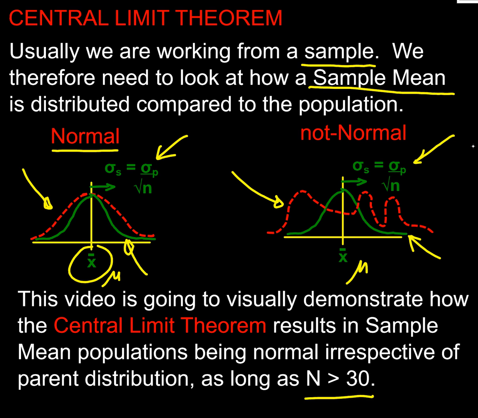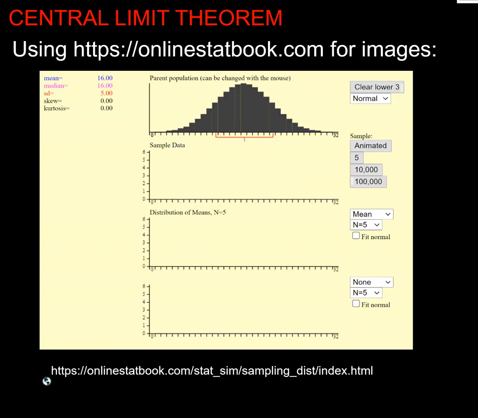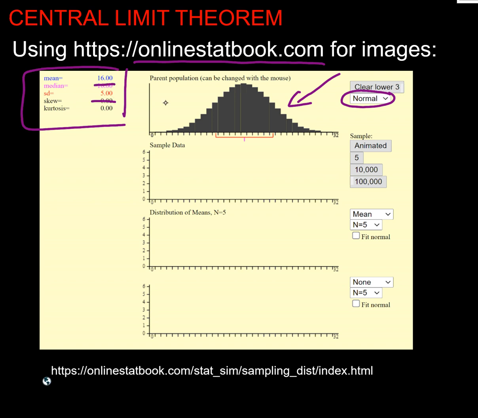So now, I'm going to do all this visually, using this website here, onlinestatsbook.com, which has simulations on it. What does that allow us to do? Well, it allows us to decide on a parent population. Here we've got a normal one. It gives us stats on that parent population. So here the mean is 16, the standard deviation is 5, and it will allow us to take samples from this.